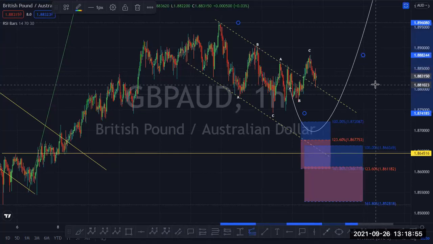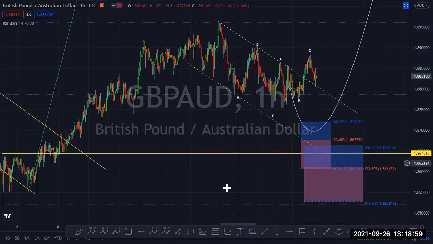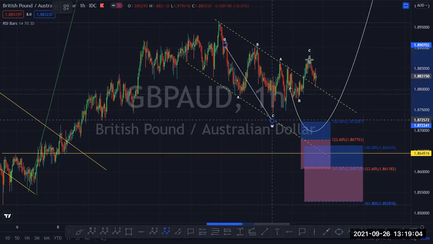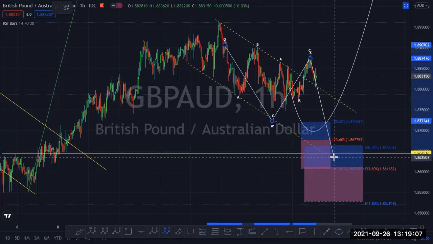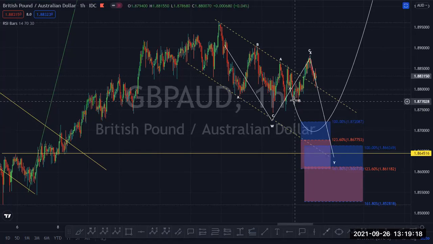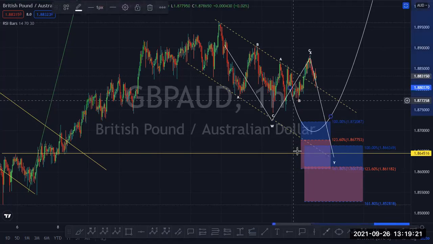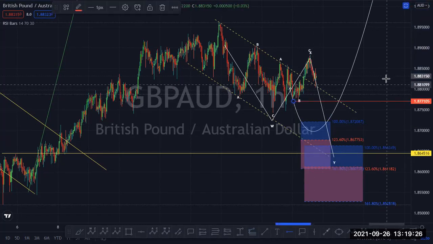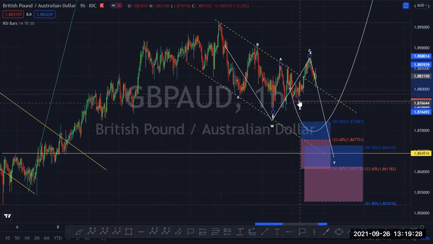In that case, it will do a big one, W, X, Y. So if you see this very move, this very price come down and break this level, if it breaks this B level, then watch out for this to happen.